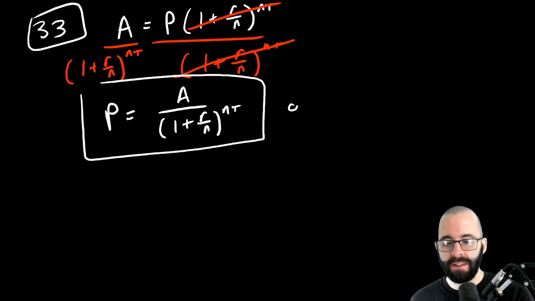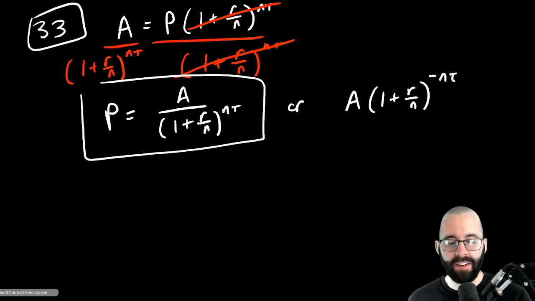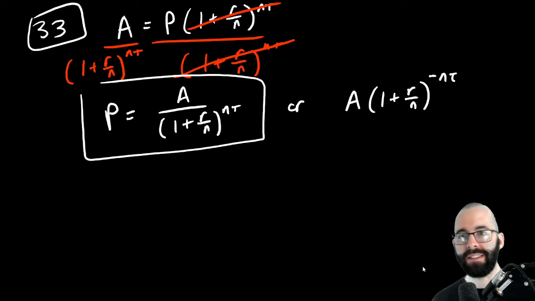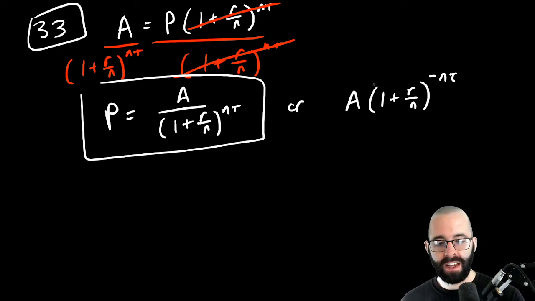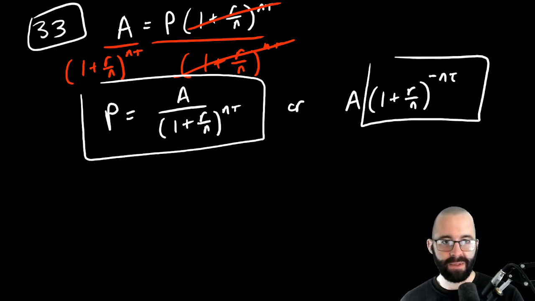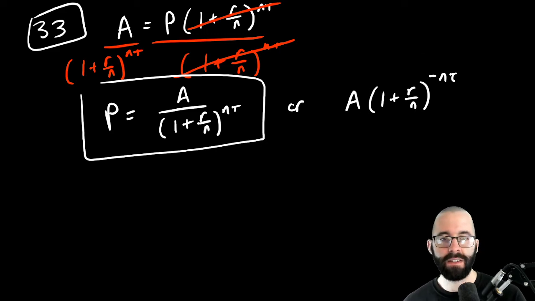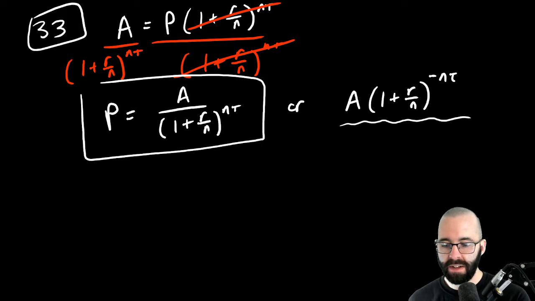This is a good answer. It actually looks a little nicer if you write it like this. You can think about this as a negative exponent. Negative exponent means reciprocal. The negative exponent being applied to this is the same as this part being in the denominator. This is actually my preferred one. But I'll take either answer.